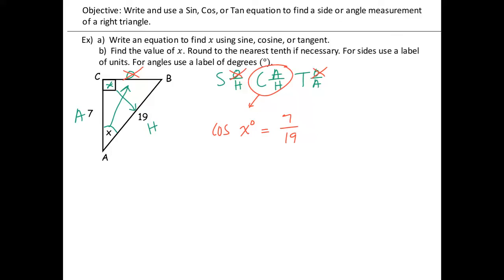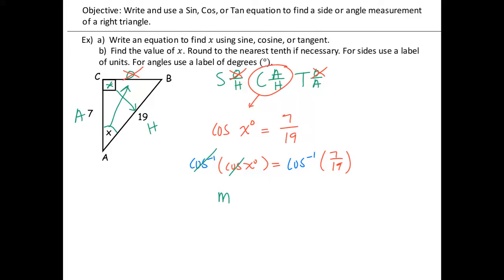All right, so then from here to solve, how do we get rid of the cosine? We do the what on each side? The inverse. So we do cosine inverse of cosine x is equal to the cosine inverse of 7 over 19. And then that way our cosines cancel here.